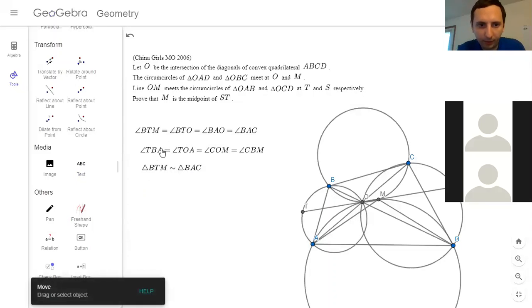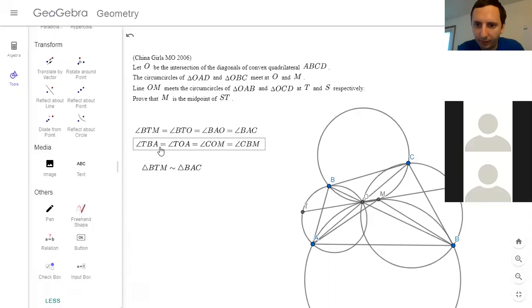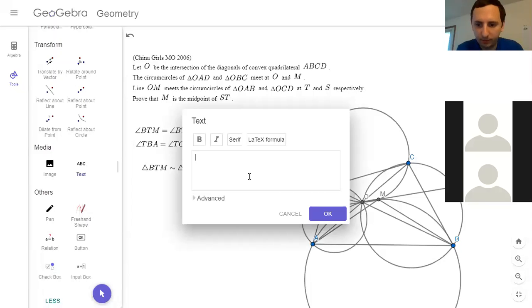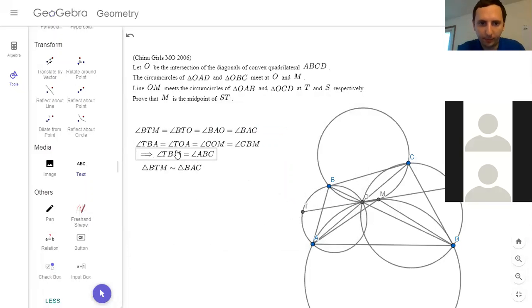So the last one implies that angle TBM is equal to angle ABC. And so that means that BTM is similar to BAC.